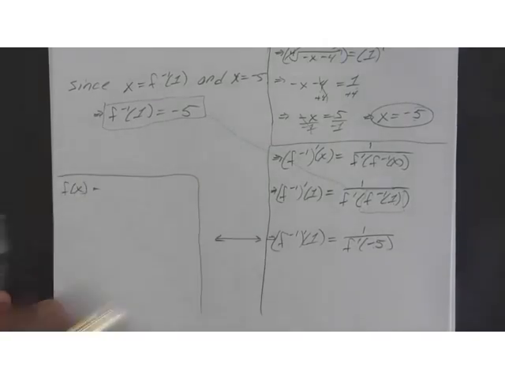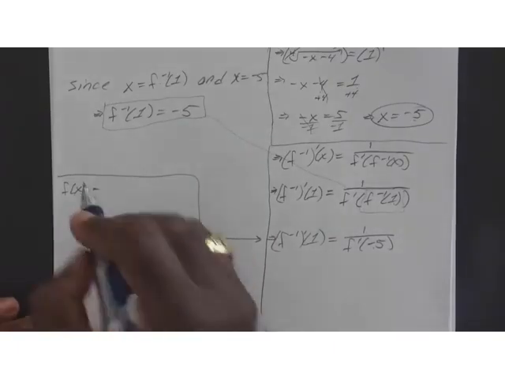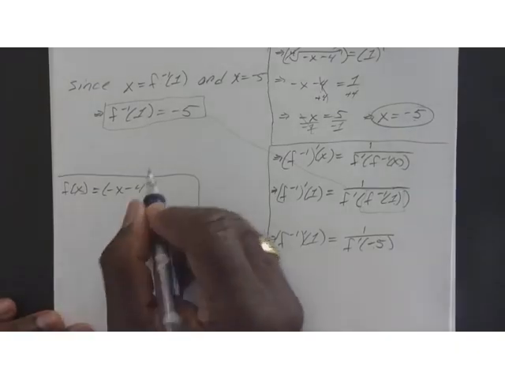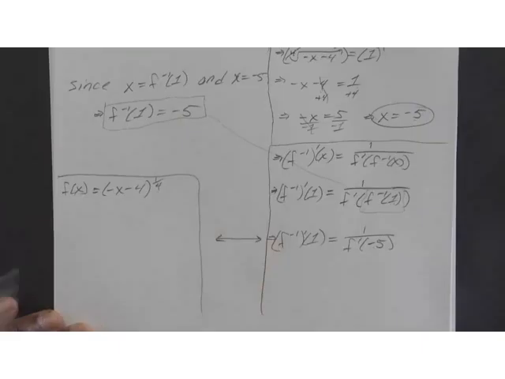So that f of x is equal to the 4th root of negative x minus 4. We can just rewrite that as negative x minus 4 to the 1/4 power, since it's the same thing.